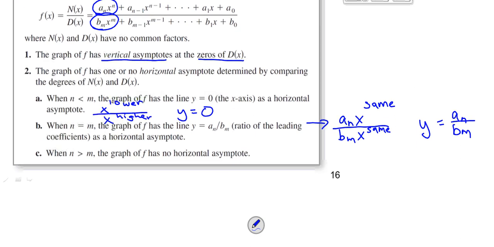And then if n is greater than m, so it's a higher power over a lower power, then there's no horizontal asymptote. So if it's x to the higher over x to the lower, there's no horizontal asymptote.